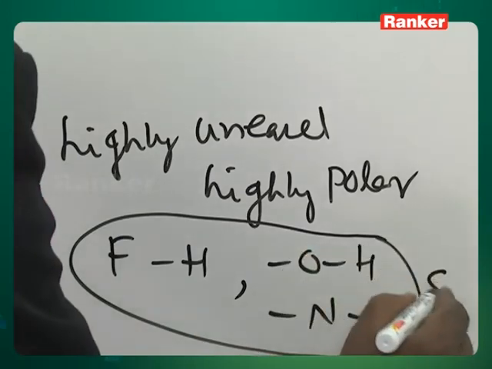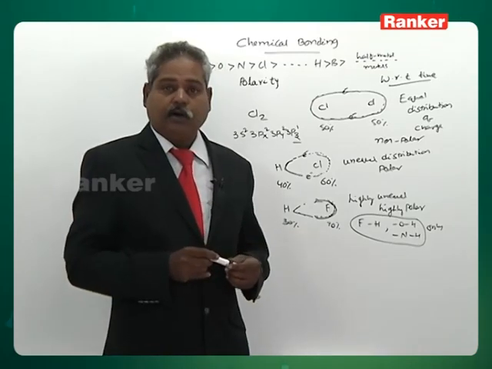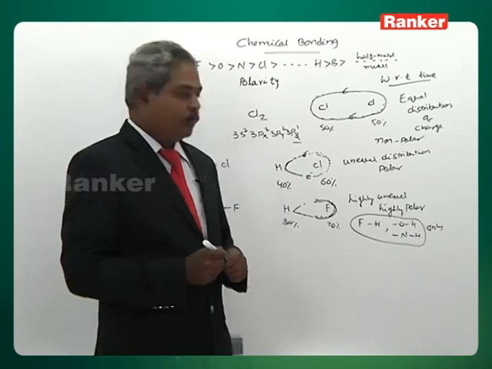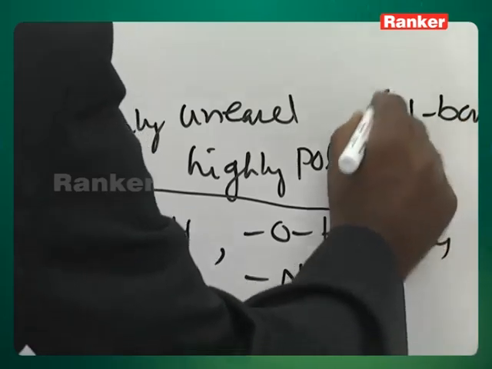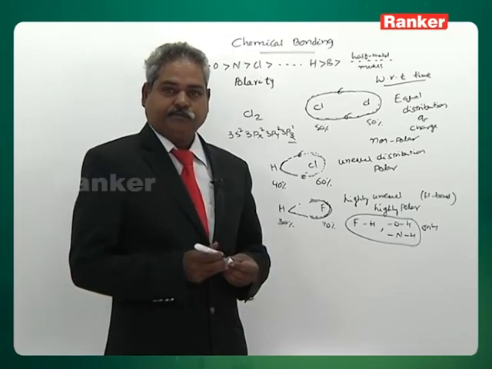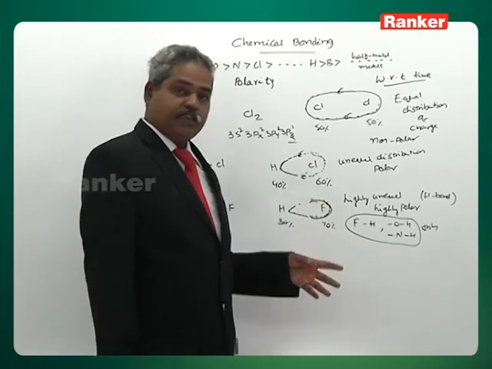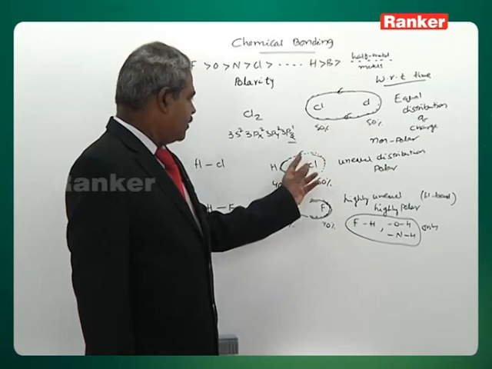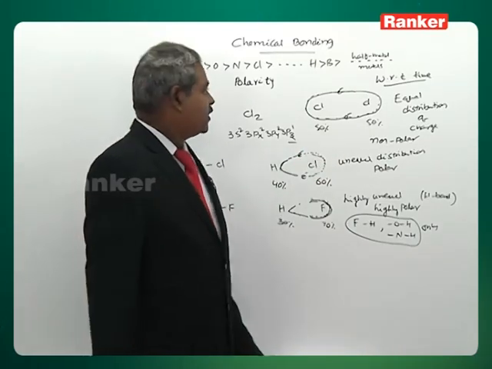FH, OH, NH only, and whenever there is a highly polar covalent bond, that is FH, OH, NH bond, that leads to what you call hydrogen bond, which we will discuss later. So, hydrogen bond is present only when an FH, OH, NH bond is present. Now, we have already seen three cases of covalent bond: non-polar, just polar with some inequality, and highly unequal, highly polar, which leads to hydrogen bond in the long run.